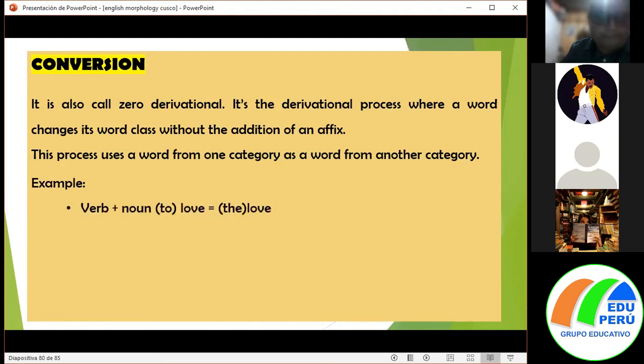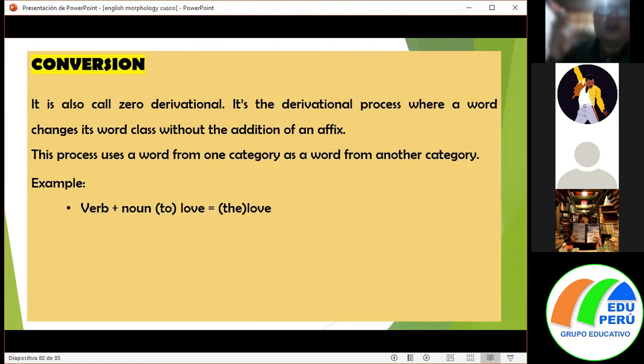Examples. Verb, noun. You have here to love, love. Sometimes it's used as a verb, sometimes it's used as a noun. It depends on the context that you're using, all right? For example, when you say, I love eating chocolates, you're using it as a verb.